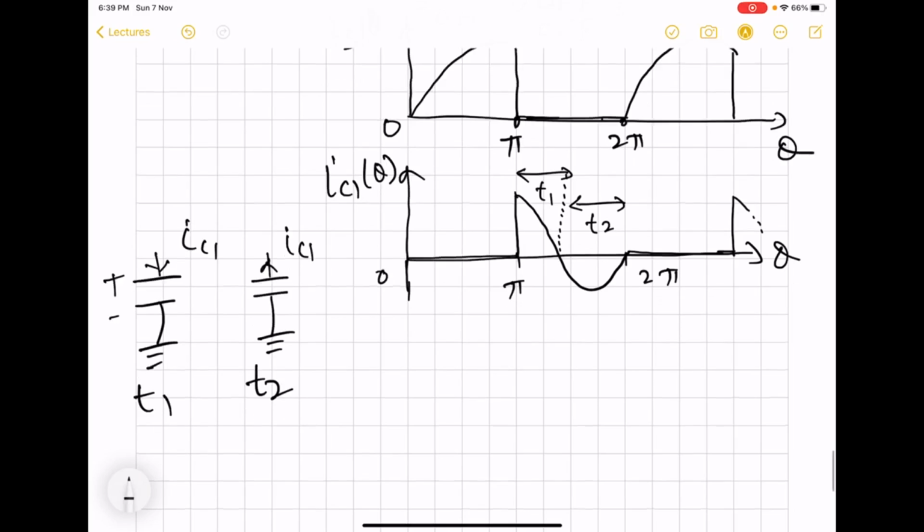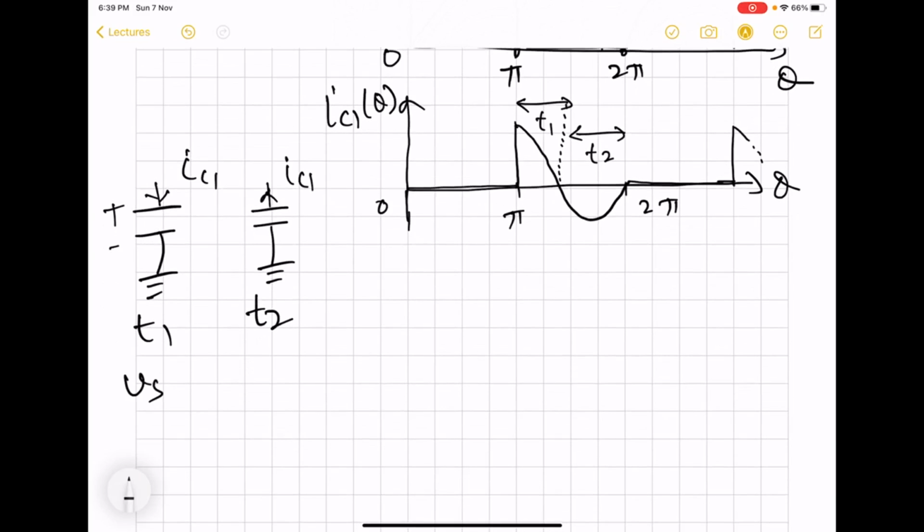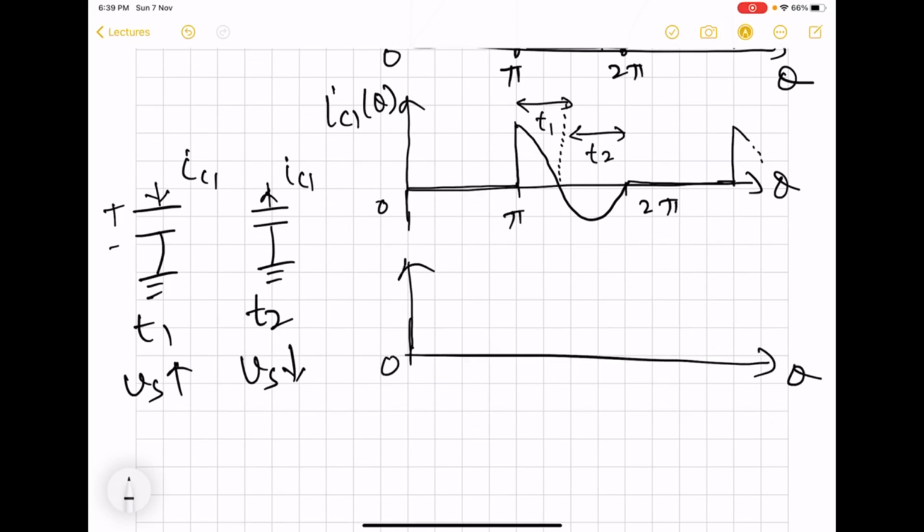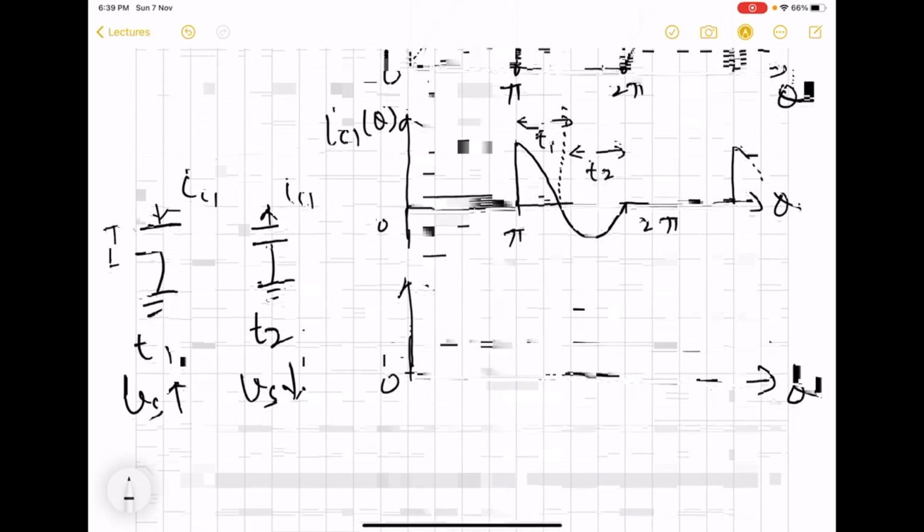So voltage will increase. So Vs will increase over this portion, and Vs will decrease over this portion. So now we can qualitatively draw the capacitor voltage waveform.